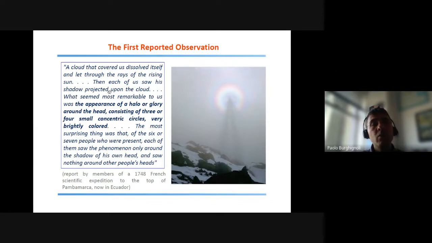And what was most remarkable is the appearance of a halo or glory around the head. Here you can see this sort of colored circle, like a circular rainbow, but different from a circular rainbow. And the most surprising thing was that of the 6 or 7 people who were present, each of them saw the phenomenon only around the shadow of his own head, and saw nothing around other people's heads.